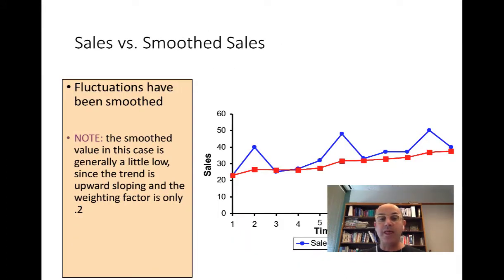So again, sales versus this type of analysis, and as you can see, the smoothed value in this case is generally a little low, since the trend is upward sloping and the weight factor is only 0.2. So this is something that we need to be aware of when we are trying to understand sales, and that's why we often use smoothing functions or operations to do that better.